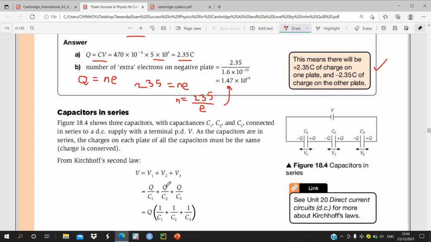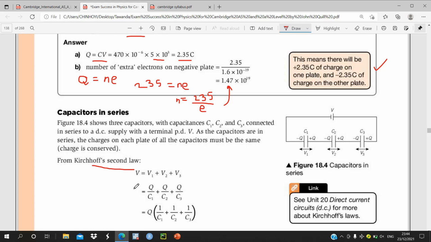As you can see from Kirchhoff's second law, where we say the total of EMF is equal to the total of PDs across the circuit, the supplied voltage will be the same as V1 plus V2 plus V3. And from our definition, what do we know?